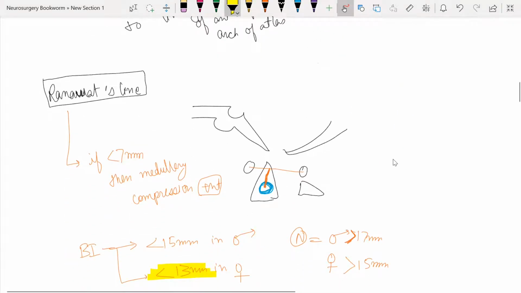Moving on, the next line is Ranawat's line. So Ranawat's line, how do we draw it? First we will draw a line joining the midpoint of the anterior arc of the atlas and the posterior arc of the atlas. Then we will draw a perpendicular on it from the center of the C2 pedicle.